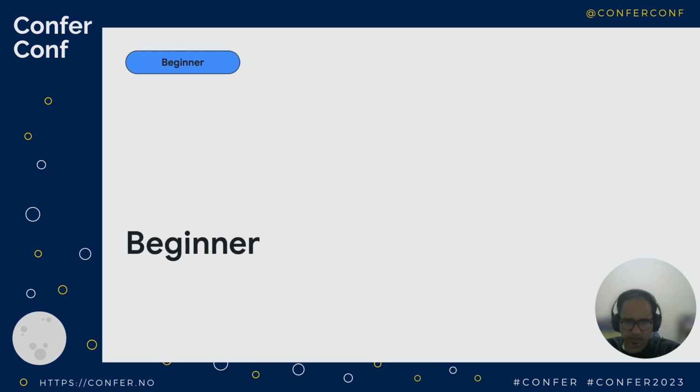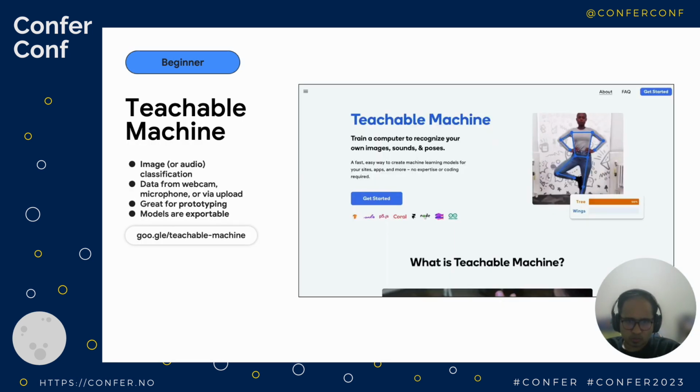So start with beginner. Teachable Machine is a portal where you don't need to actually learn how to code or learn about machine learning. You can just get your data from webcam, microphone, or upload, and you can do different things on that. This is great for prototyping.